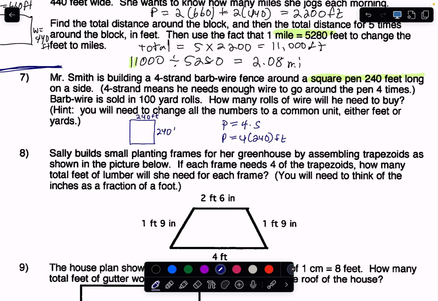So what Easton told us was one of the levels around, and so if you do 4 times 240, that is 1 perimeter, 960 feet. But like Tommy said, we need 4 of those, right? And so that would be 960 times 4.